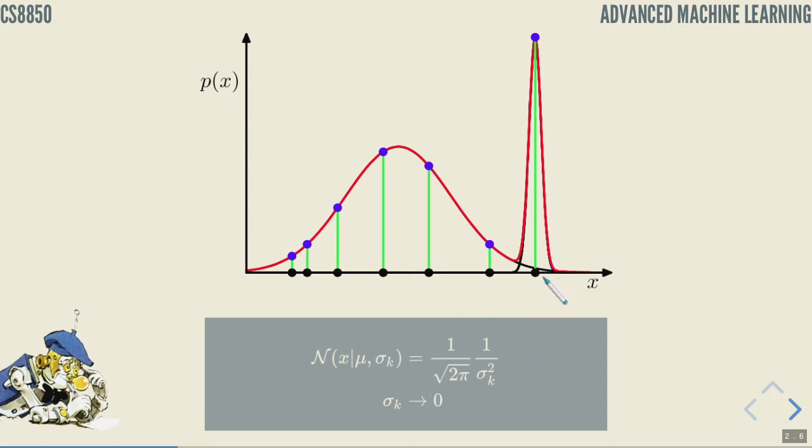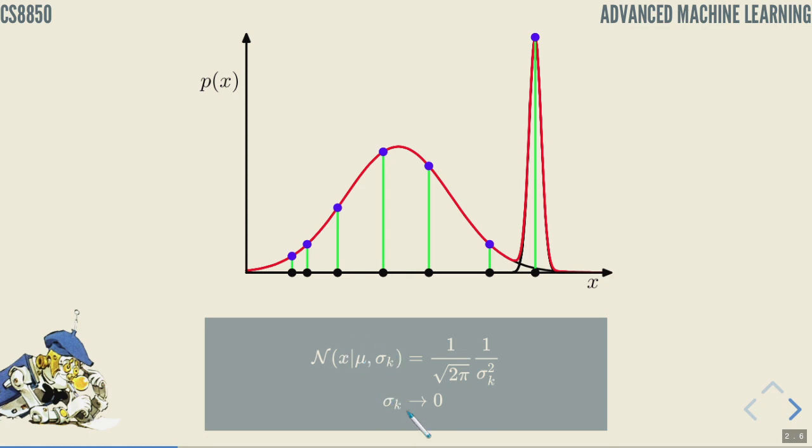And when we try to maximize the likelihood of this expression of a Gaussian, one of the mixture components for which by chance the mean fell right on a data point, it's easy to maximize.